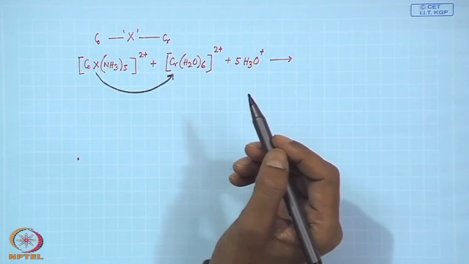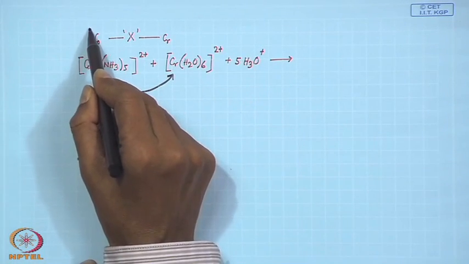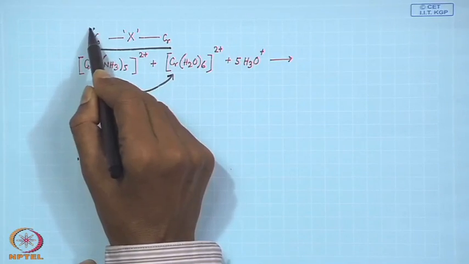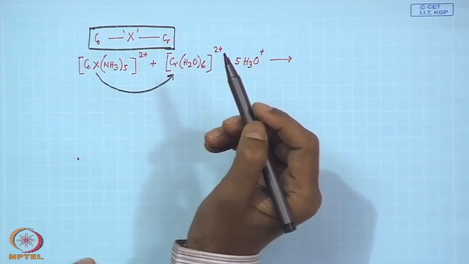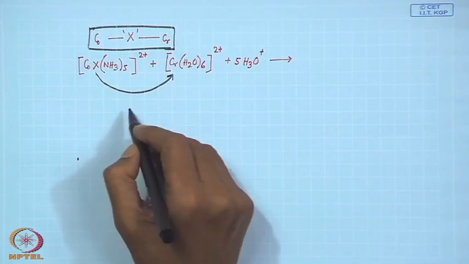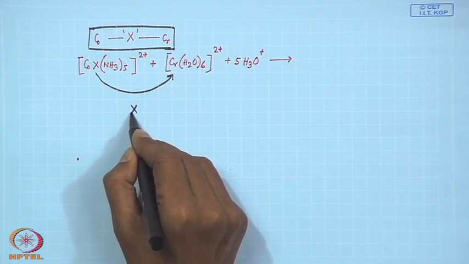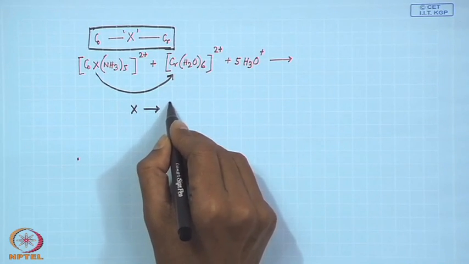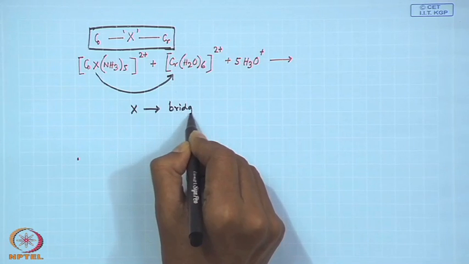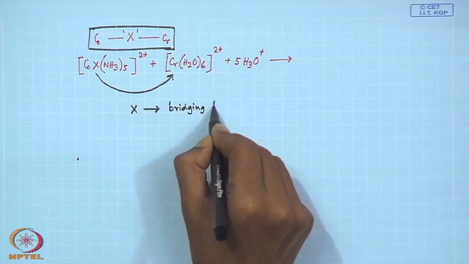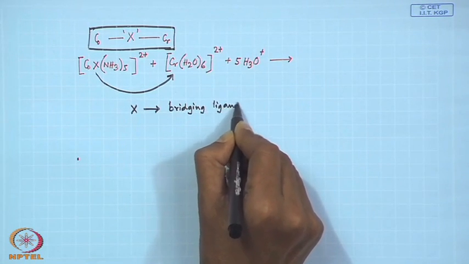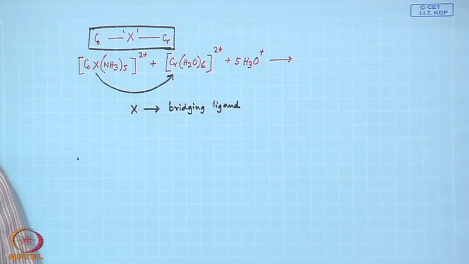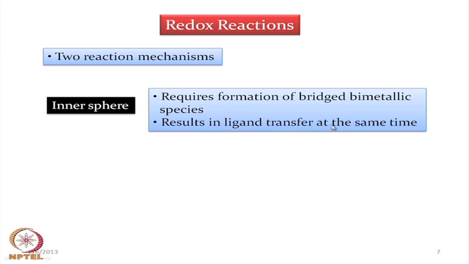How is this happening? This must go through an intermediate where X is the typical bridging ligand. So, in that case the ligand transfer also takes place from one side to the other, that means it can move from the cobalt side to the chromium side.